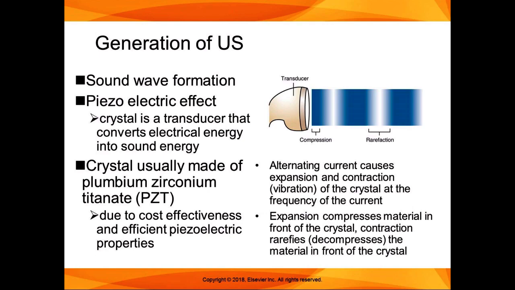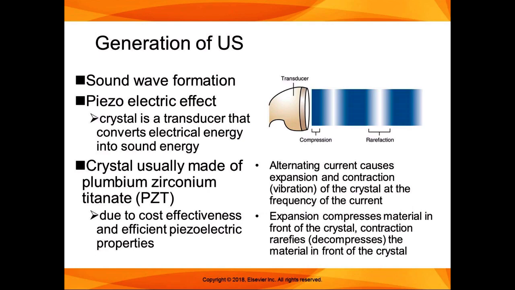There are some naturally occurring materials with piezoelectric properties, such as bone and naturally occurring quartz crystals. But normally in the ultrasound that we use in the clinic, the crystal is made of a synthetic material called plumbium zirconium titanate, or PZT.